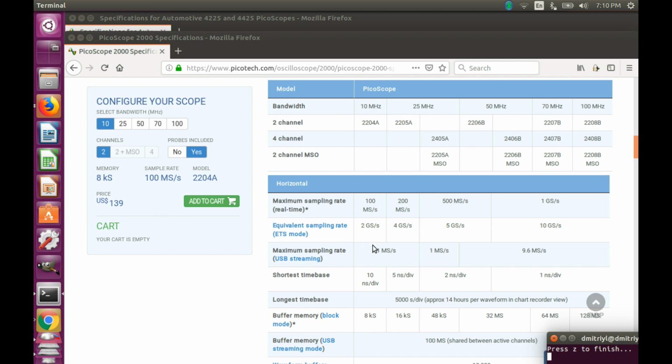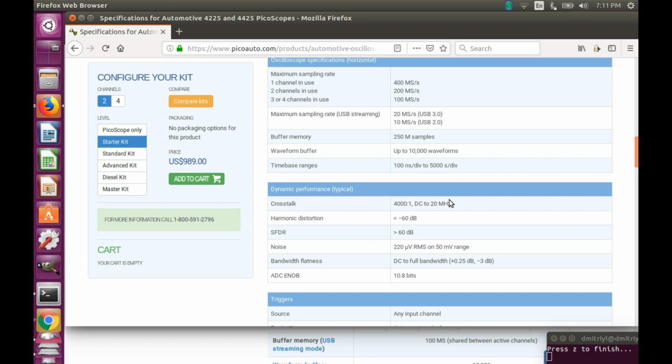Of course, this problem is not an issue for faster oscilloscopes, so for those that can sample at 9.6 megasamples per second, or for the automotive oscilloscopes which can sample even faster with USB 3.0. By the way, when you're sampling that fast, make sure that your PC is able to accept such a signal.